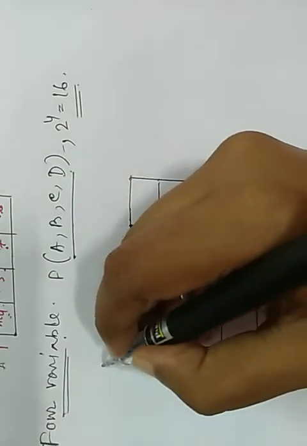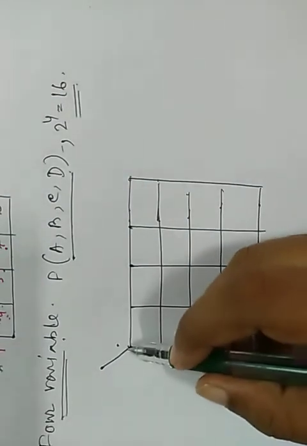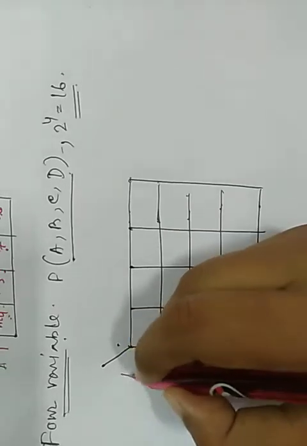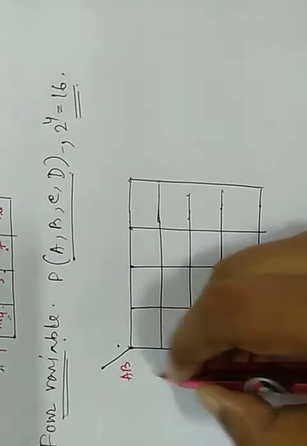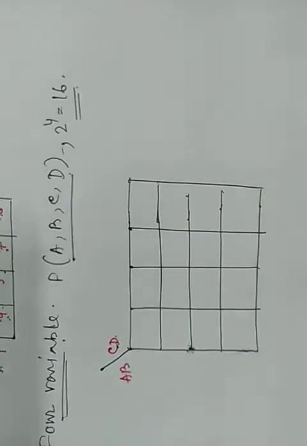Okay, so here also, as it is 4 variables, on the column side there are 2 variables, on the row side there are 2 variables.